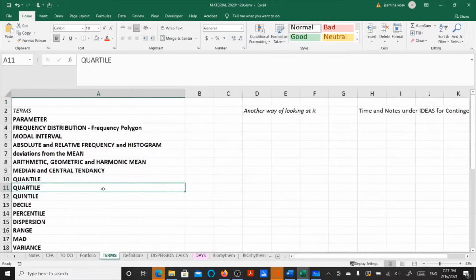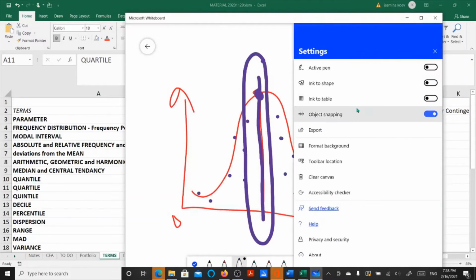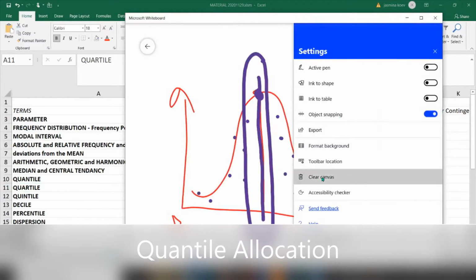We did some examples of quantiles and then quartiles, quintiles, which was, if you recall, 25, 20%, etc. And what I wanted to show you is how to make a calculation of a quantile or a quartile.